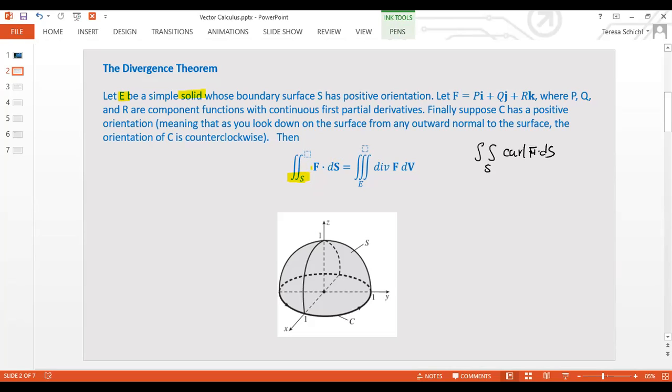So we talked about the surface integral of the curl of F, and now this is the surface integral of just F by itself. What is that?